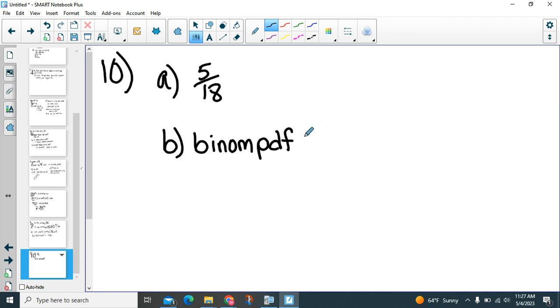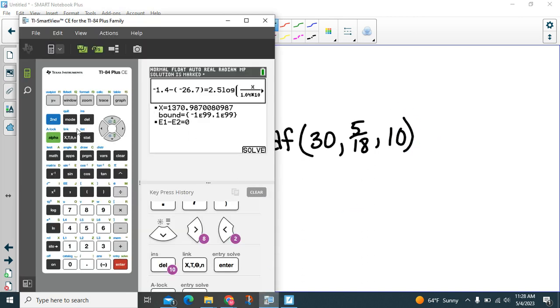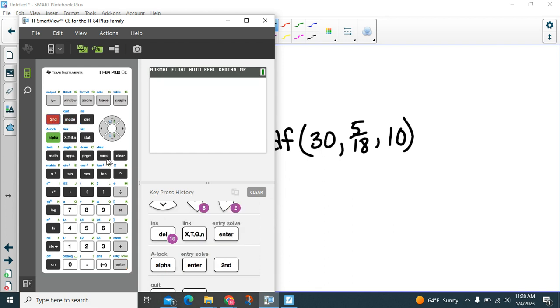All right, so we're going to do binomial PDF. There's 30 days in June, so 30 trials. The probability of doing Tai Chi is 5/18. And we want to know the probability of him doing exactly 10. So you plug this into your calculator. You go to second vars to get to distributions. Remember, this is also where we do all of our normal distribution stuff.